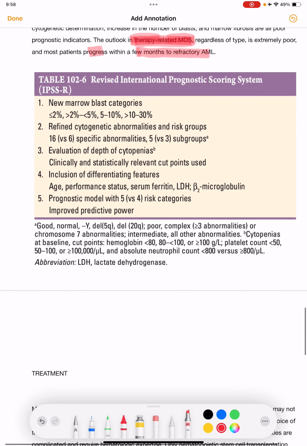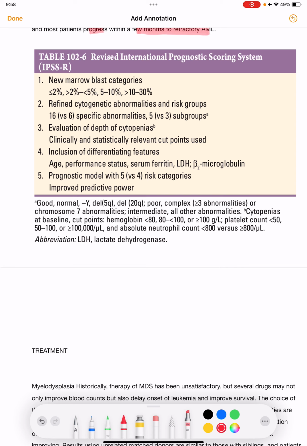So what is this revised international prognostic scoring system? It is based on blast percentage, cytogenetic abnormalities, and depth of cytopenias, and inclusion of the differentiating features: age, performance status, serum ferritin, LDH, and beta 2 microglobulin, and a prognostic model with 5 versus 4 risk categories and improved predictive power.